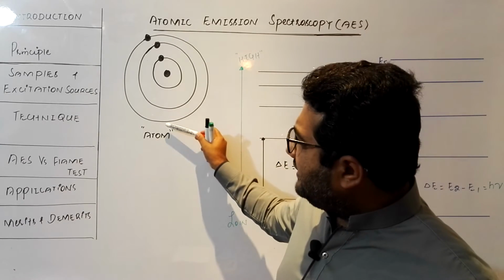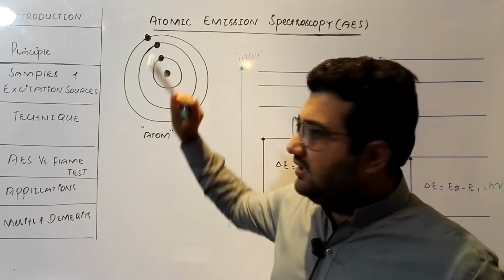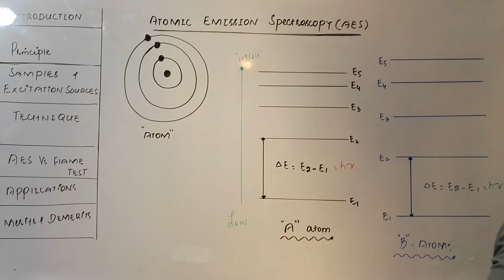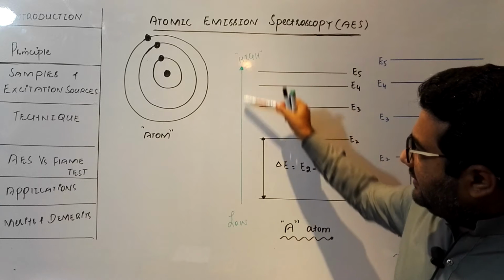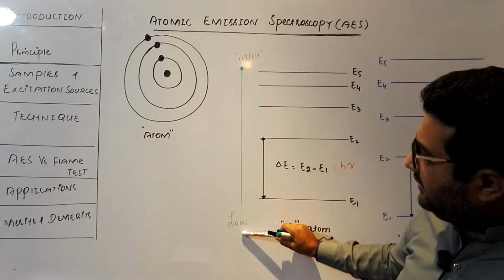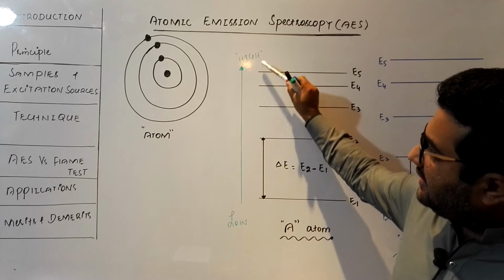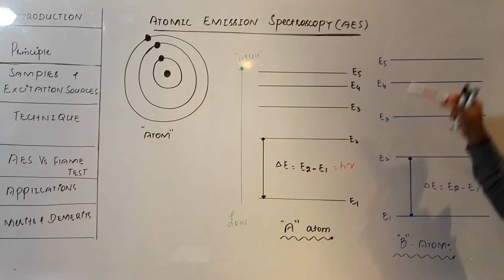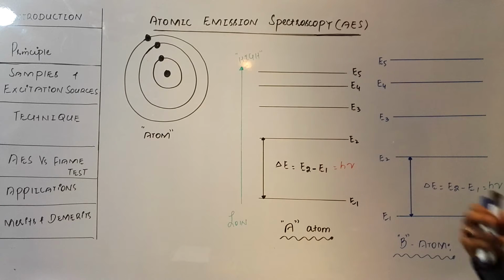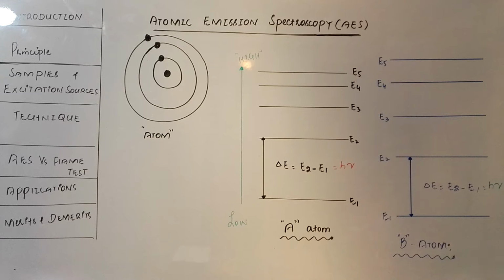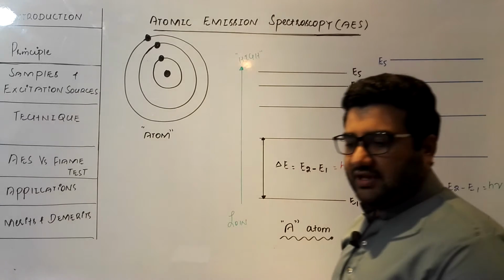Instead of showing these energy levels in circular form, I have shown them in the form of lines. This is the energy axis: here is the lower energy, and as we move up, the energy increases. And these are energy levels of two different atoms. Suppose we have an A atom and another atom which is a B atom.